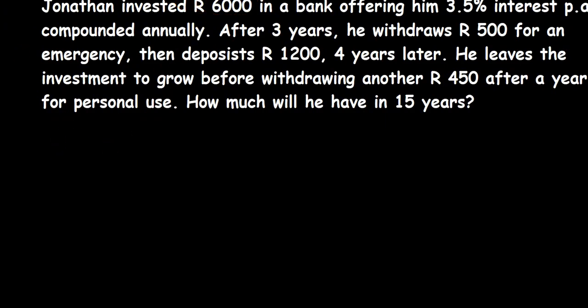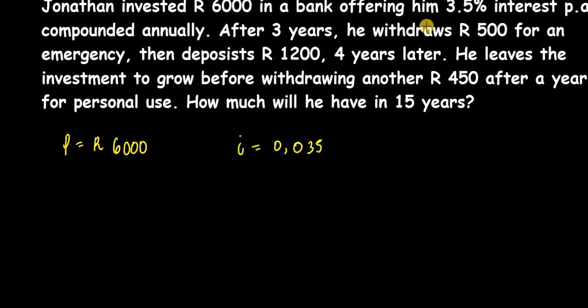So we can already list the variables that we have. Principal amount is 6,000 rands. And then we are further told that the interest was 3.5% per annum, which means if you divide that by 100, I believe you should get 0.035.